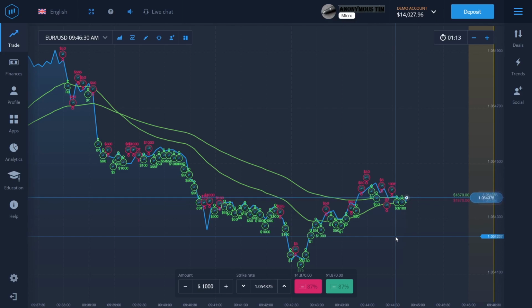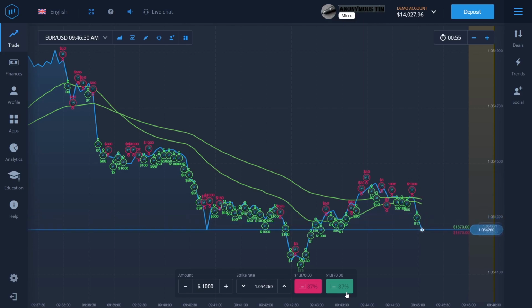To buy is to click the red button here. To sell is to click the green button if it's green. I'm colorblind, I guess. So when you want to sell, you click the green button.